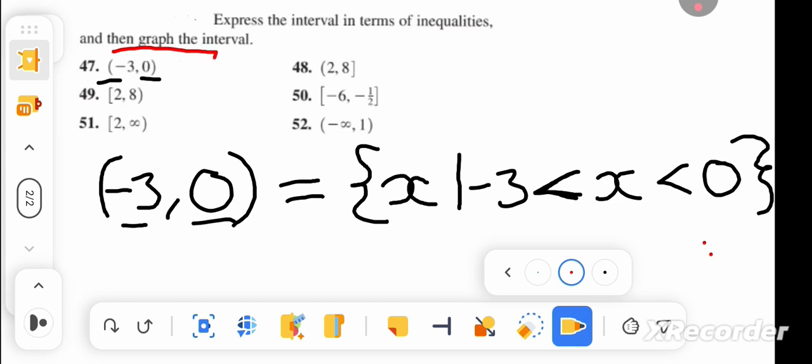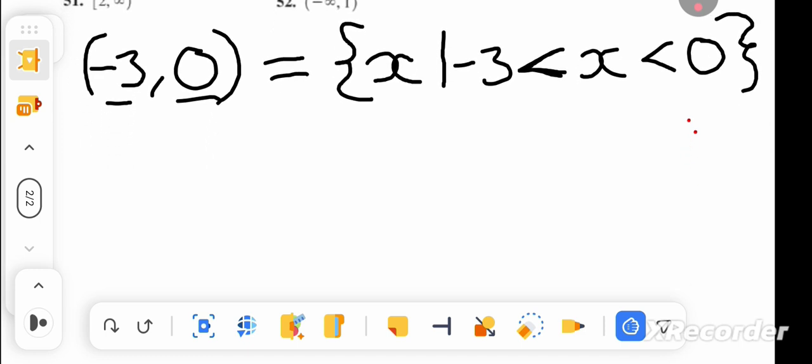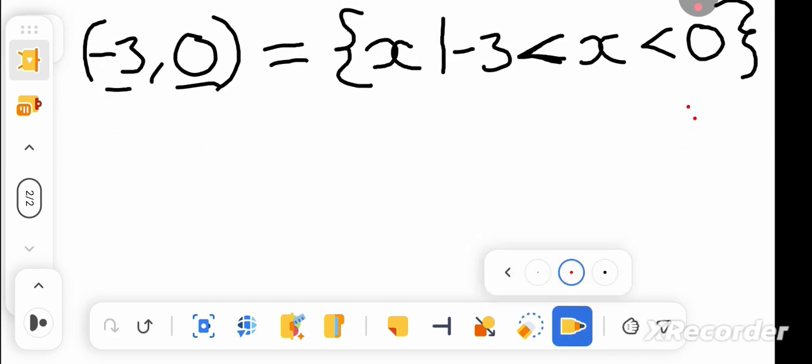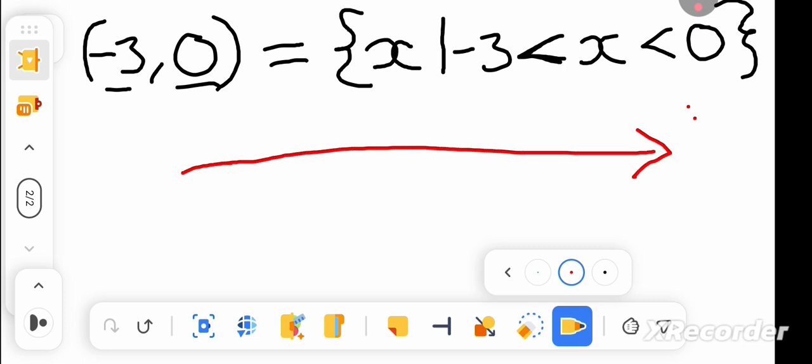So graphically, we are going to draw a real line. A real line is simply a line with numbers, with integers, which satisfy the inequality which we have written there.